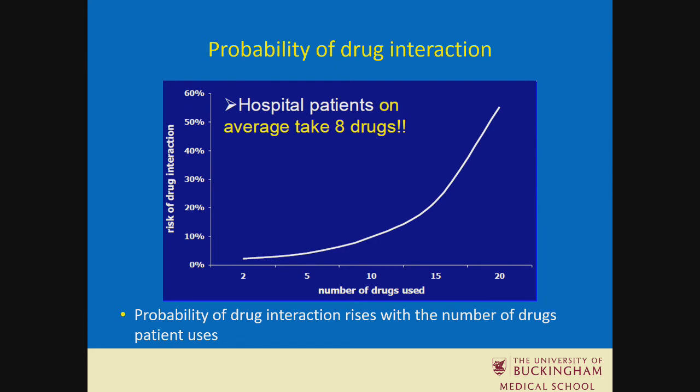So already we're at a point where 10% of patients on this average are likely to have a drug-drug interaction that might not be very good for that patient. And the hospital you're going to, Milton Keynes, is a 500-bed hospital, so on that basis there could be 50 of those patients suffering from this. It's quite a lot, actually.